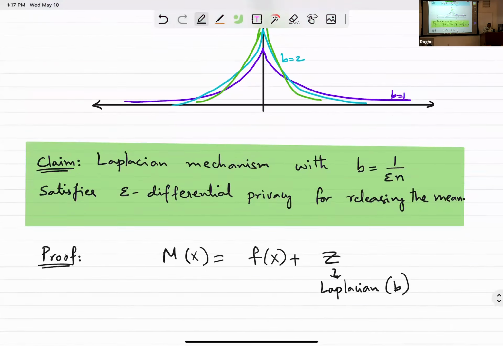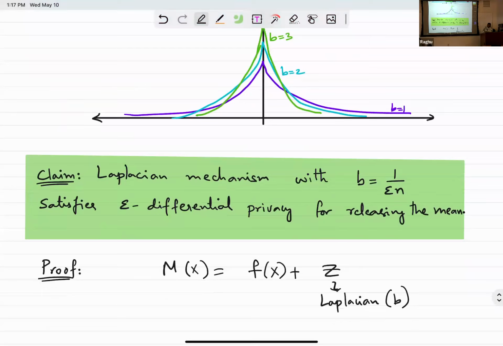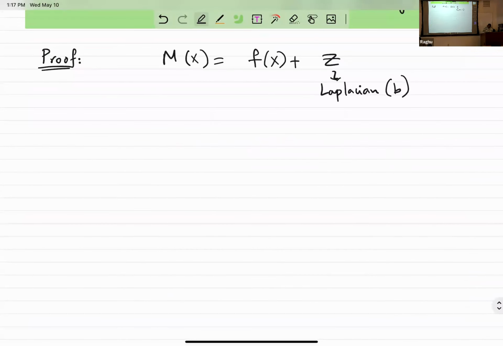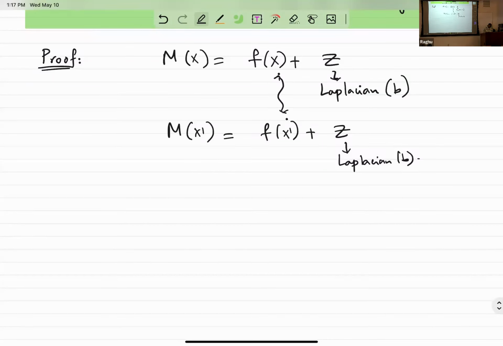And the proof really hinges on the following thing. And what is m of x prime? m of x prime is f of x prime, where x and x prime are neighbors, meaning they differ in only one coordinate.